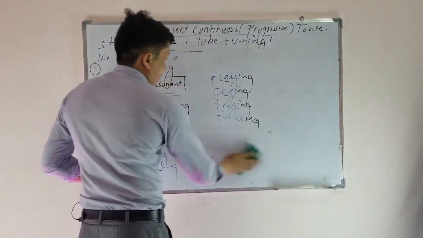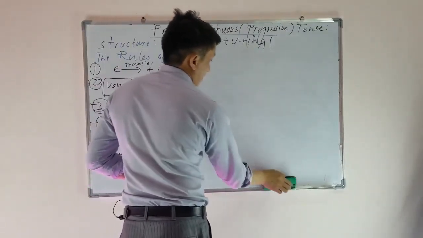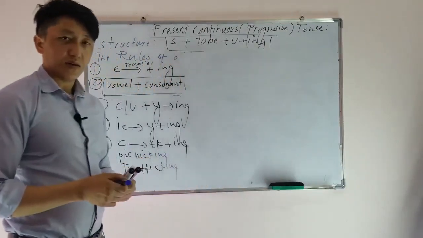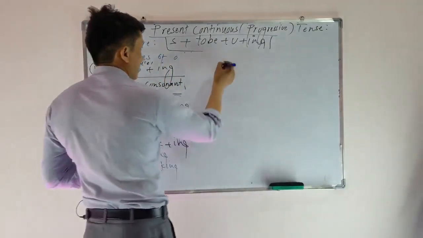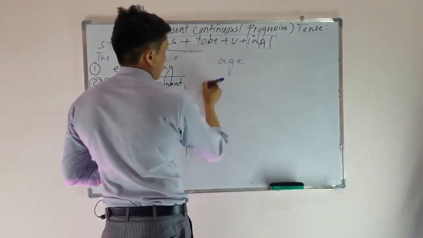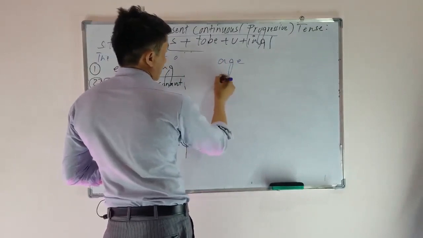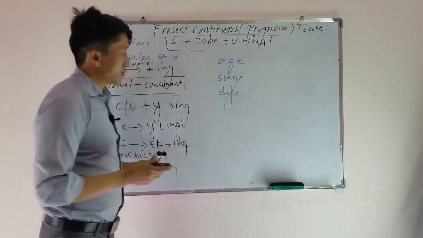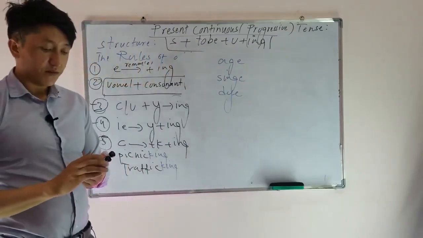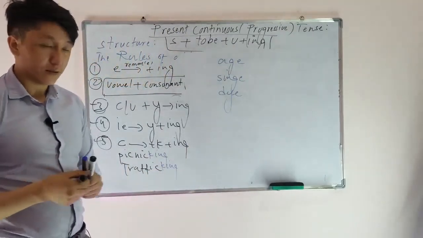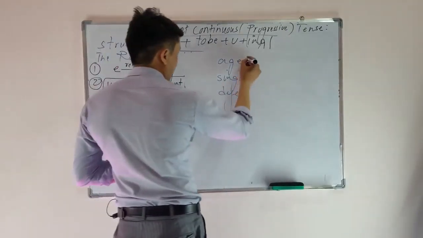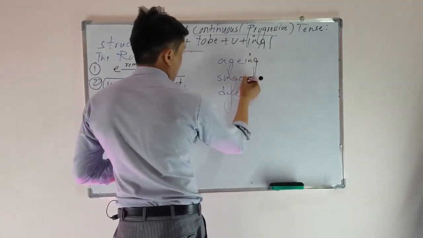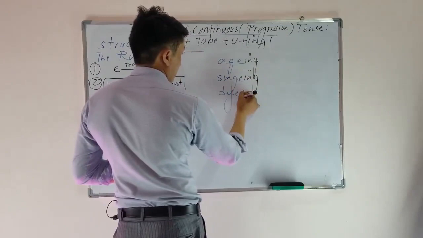Now, sometimes there are some exceptions that we have in adding ing. For example, if a word finishes with e, for example, we have age, we have singe, we have die. Sometimes some verbs finish with the e, so here we don't remove them. For example, age becomes aging, singe becomes singeing, and die becomes dying.